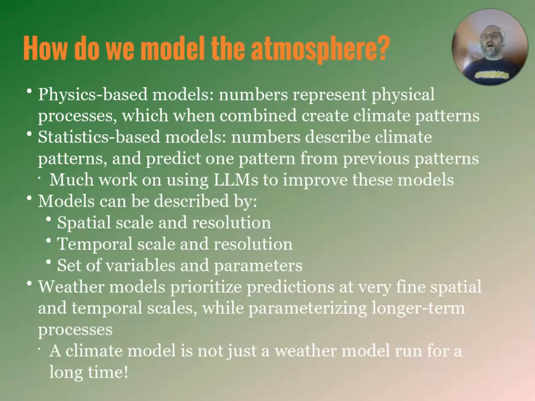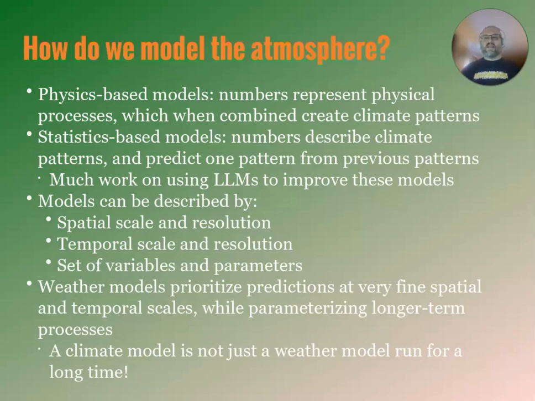But of course, with a climate model, if we're trying to understand what's going to be happening 100 years from now, then we definitely want CO2 concentration to be a variable because we know that's going to change. Right? We know that we're going to have a different amount of CO2 in the atmosphere 100 years from now than we have right now.